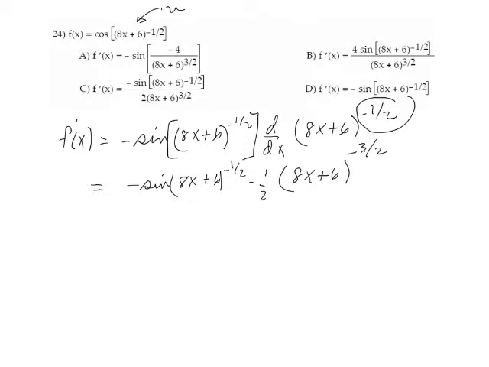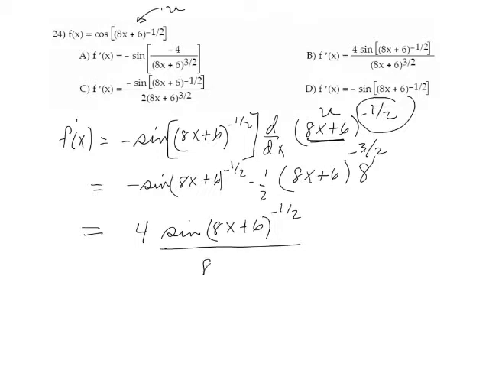That's minus 1/2 minus 1, which is minus 3/2, times the derivative of this other inner function here, which is 8. So after taking into account all the signs and multiplying out by the 1/2, we're going to get 4 sine of 8x plus 6 to the minus 1/2 over 8x plus 6 to the 3/2. And that is answer B.